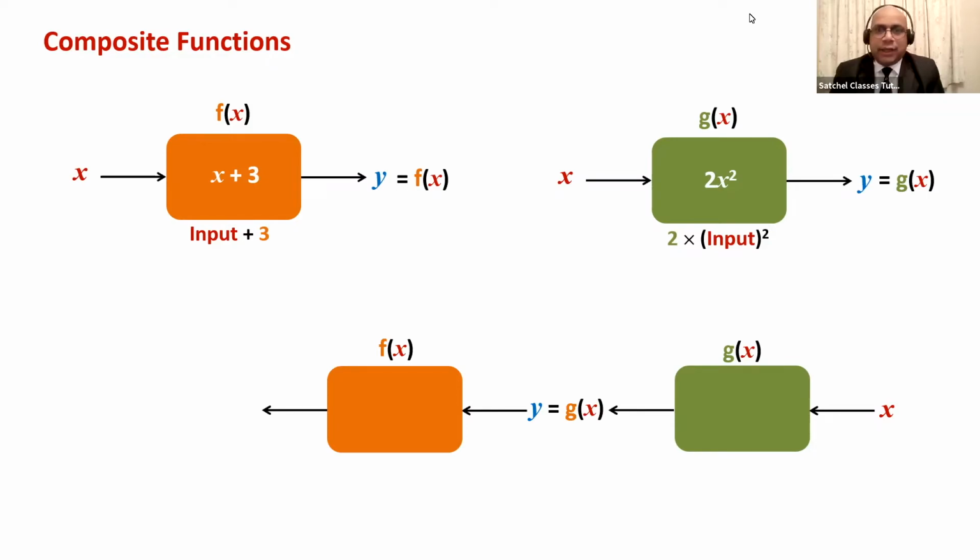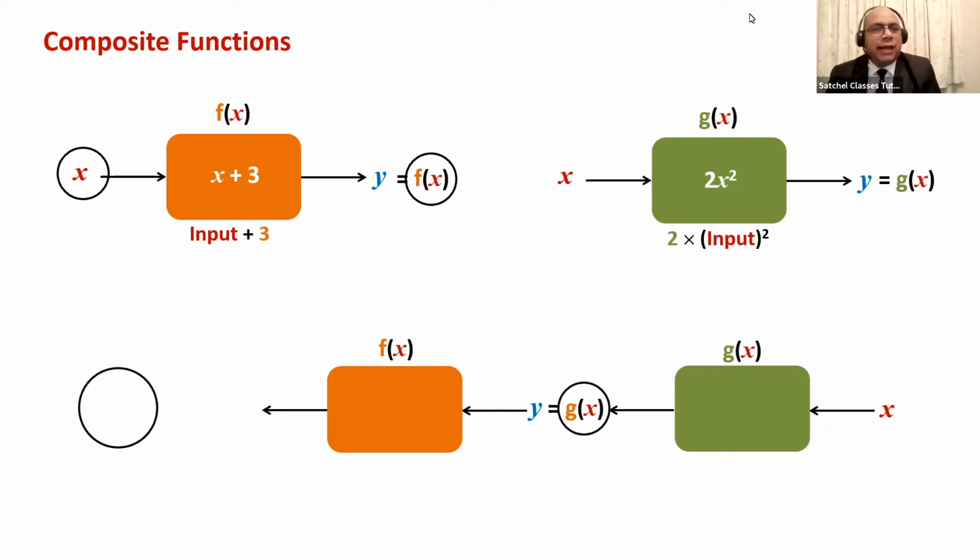But the input is not x, the input is g of x, correct? So the output in this case will be f of g of x. Remember, g of f of x is different from f of g of x. G of f of x, which we saw earlier, is a function g being performed on f of x, whereas f of g of x is a function f being performed on g of x. It's just the reverse, correct?